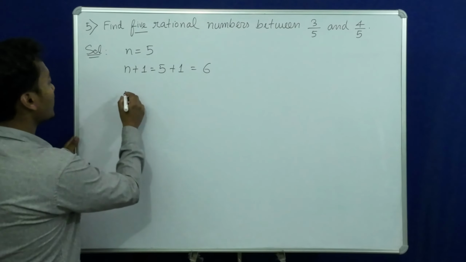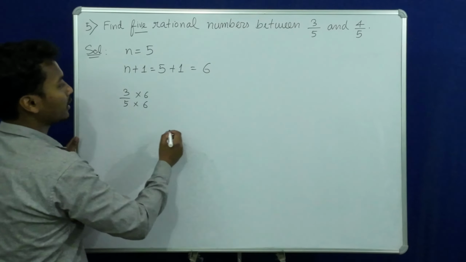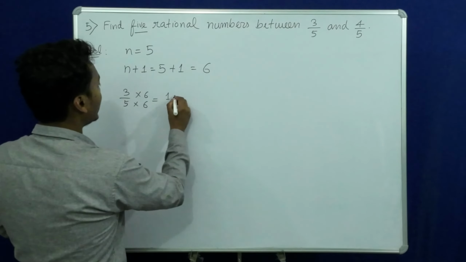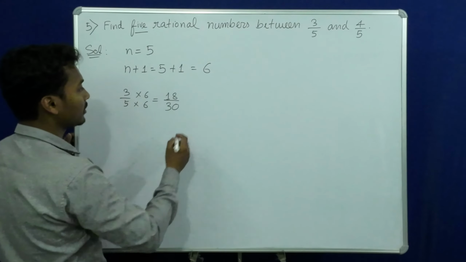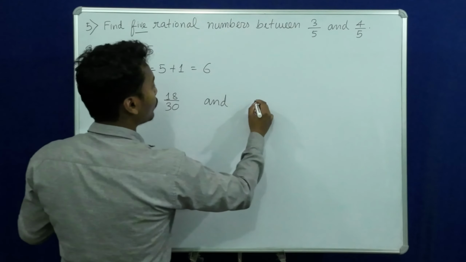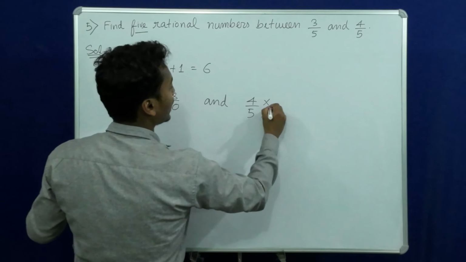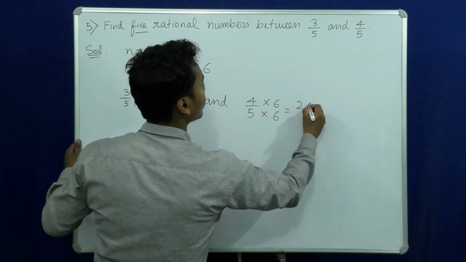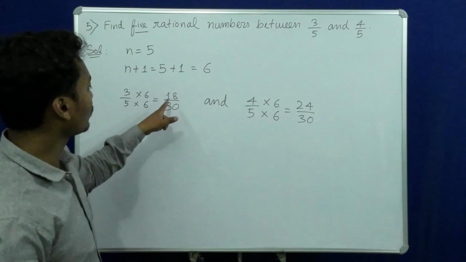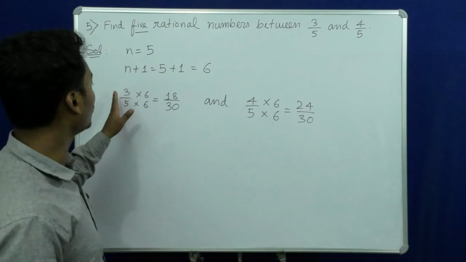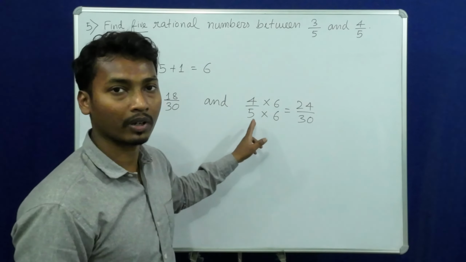So 3 by 5 into 6 by 6 will be equal to 18 by 30, and 4 by 5 times 6 by 6 will get 24 by 30. So here you see you have got 18 by 30, the equivalent form of 3 by 5, and 24 by 30, the equivalent form of 4 by 5.